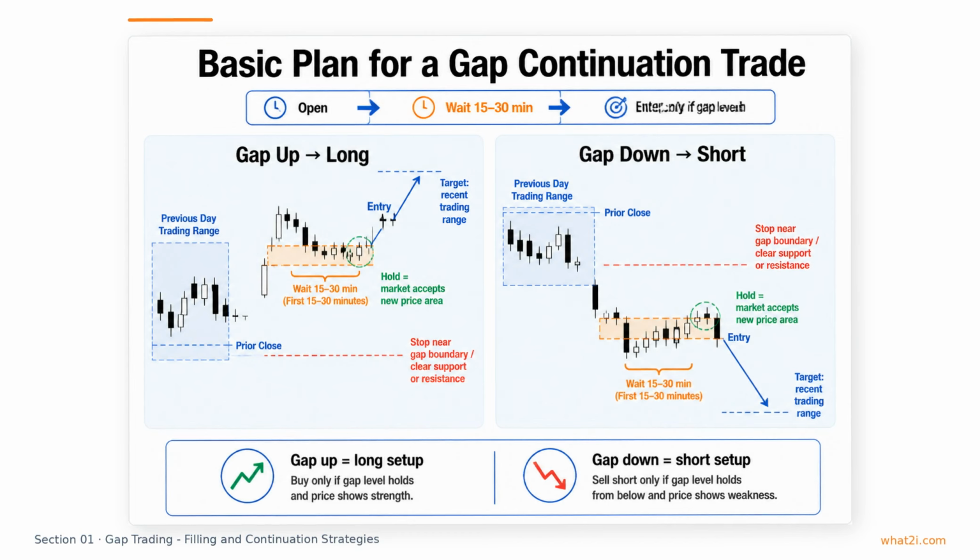If a gap down bounces but cannot reclaim the gap boundary, that suggests sellers remain in control. Targets can be based on a recent trading range or nearby resistance or support, while the stop is placed near the level that would show the gap is failing. The patience to wait for acceptance is what separates continuation trading from simple chasing.